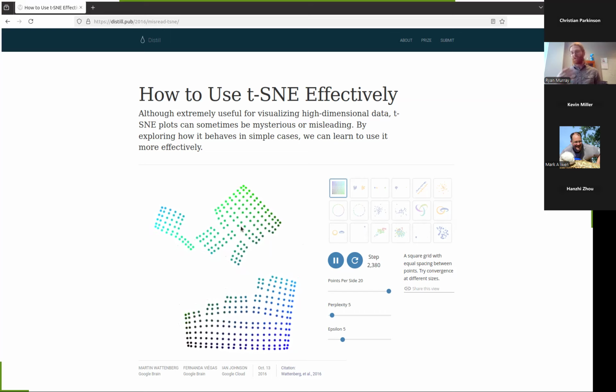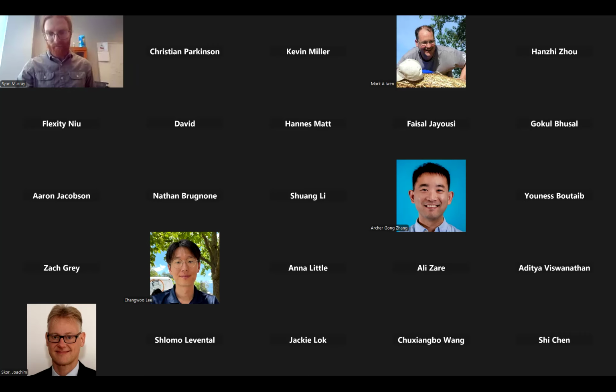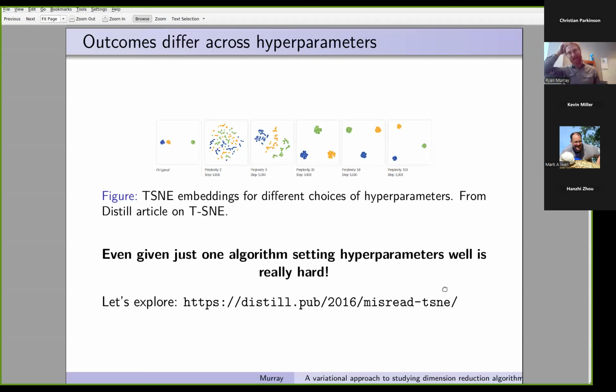The identity should be the global minimizer that we find. We should just find the grid when we embed these points. But the algorithm somehow oftentimes finds these grids with twisting added to it. Okay, so now I'll go back to my slides. I think that interactive paper gives a lot of really cool examples that let you see different things that can happen with tSNE and things that can go wrong.